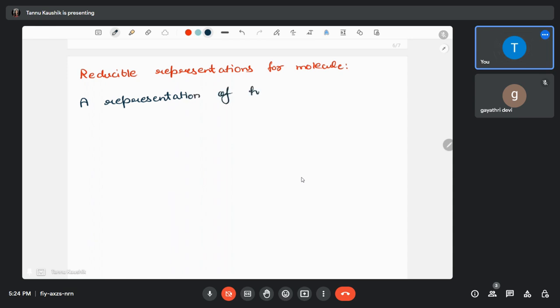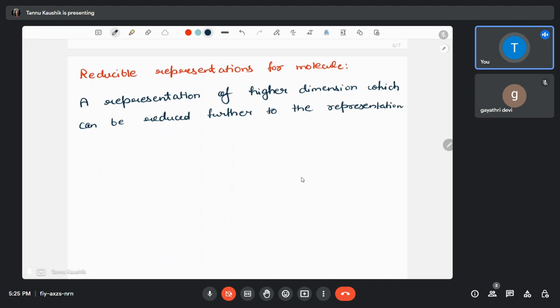A representation of higher dimension which can be reduced further to representations of lower dimensions.